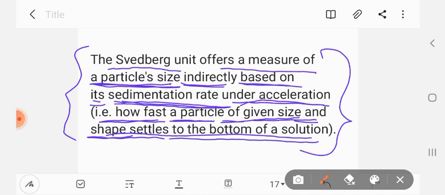That's why we use the Svedberg unit when we want to know the size of a particle. Here we are trying to know the size of the ribosomes. I hope you have understood what I have said about the Svedberg unit.